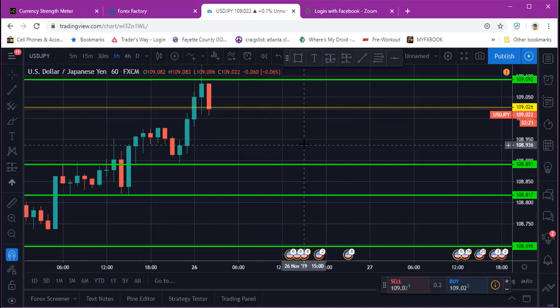Some people want to go all the way down to the 5-minute to get that precise. But again, you inundate yourself with a whole lot of information, and sometimes you don't have to overcomplicate it. Just find a space between your support and resistance that looks good and enter once your confirmations are met, whatever they are.